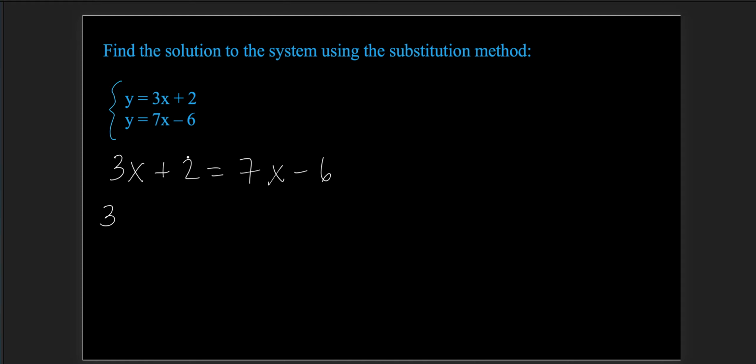So what I'll do first is subtract 2 from both sides. And so I can combine those terms there. So 3x equals 7x minus 8.